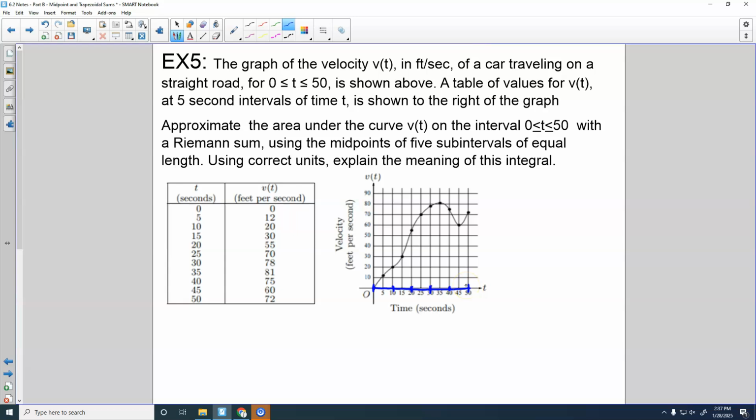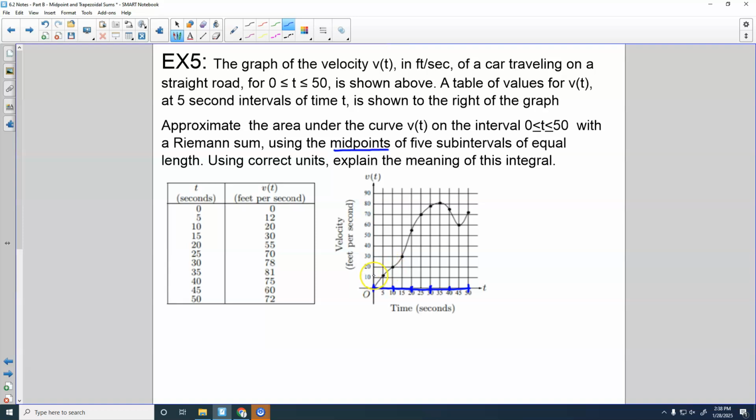Even though we have the information to do 10 subintervals, we're only doing 5, which is going to be necessary because they asked us for a midpoint Riemann sum. Because if we're doing a midpoint Riemann sum, we do not use the left endpoint or the right endpoint. We use the point right there in the middle.